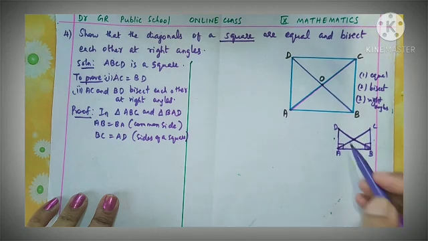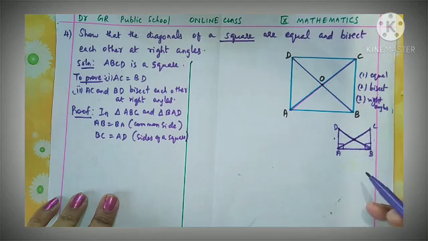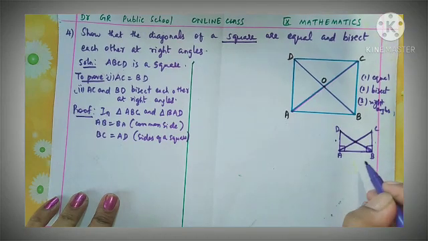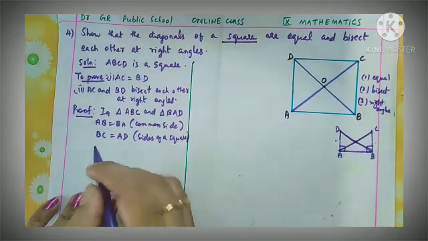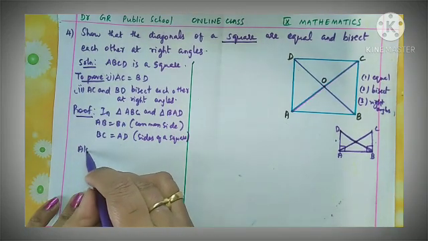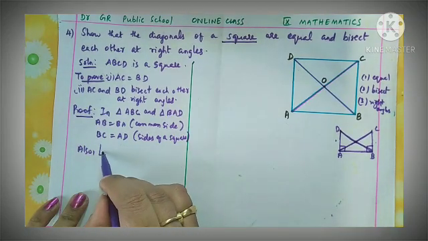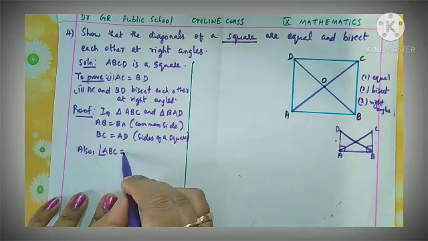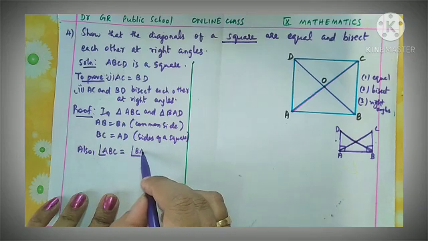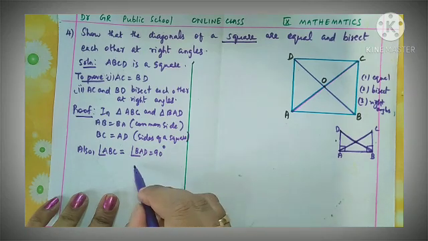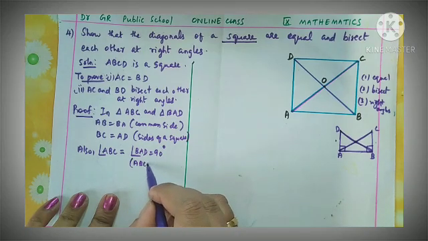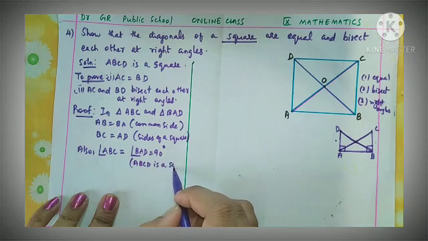Because this is a square, you know in a square each angle is equal to 90 degrees. Understand? So these two angles are each equal to 90 degrees, they are equal. So also we have angle ABC is equal to angle BAD, they are each 90 degrees. Why? Because ABCD is a square.